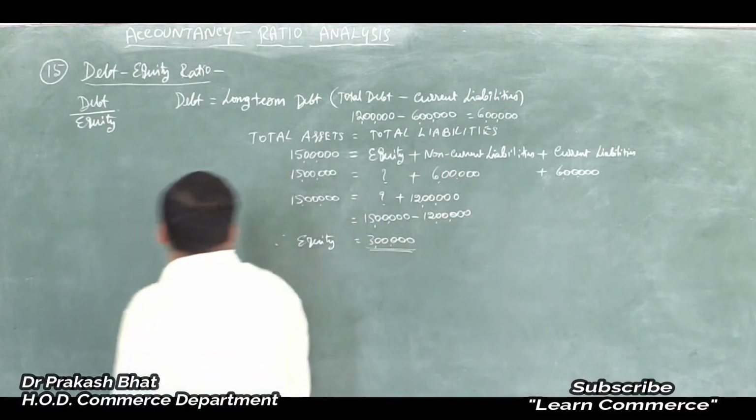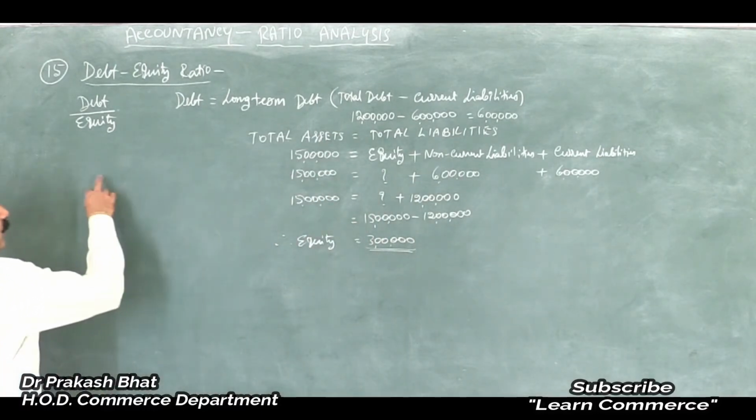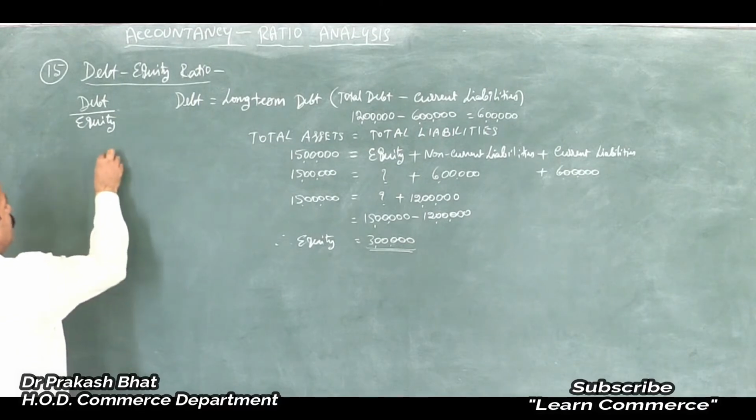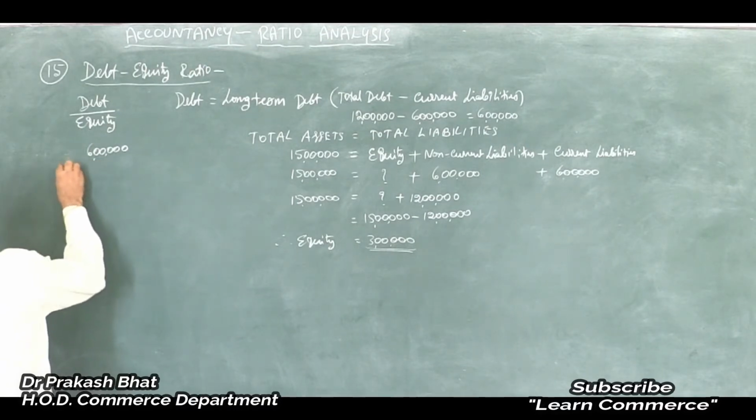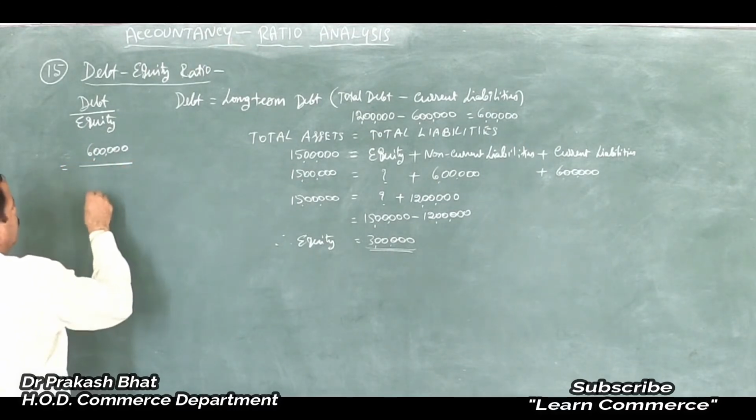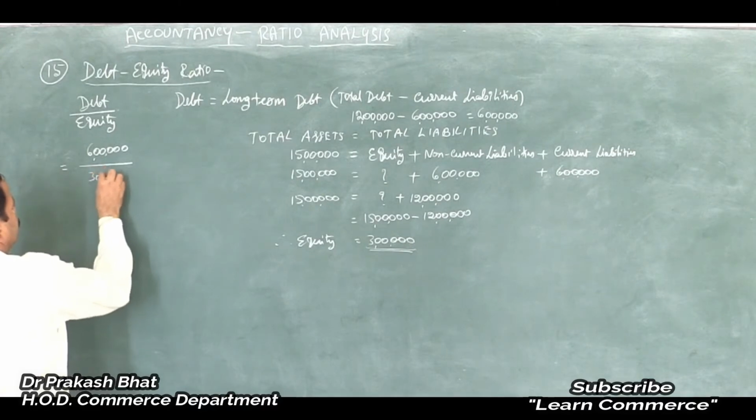Now substitute in the formula. Debt, you have already found out, long term debt 6 lakh, is equal to 6 lakh divided by equity, 3 lakh. Correct?